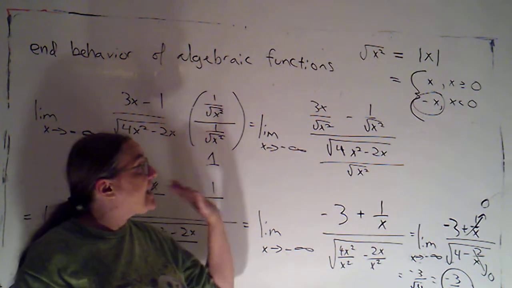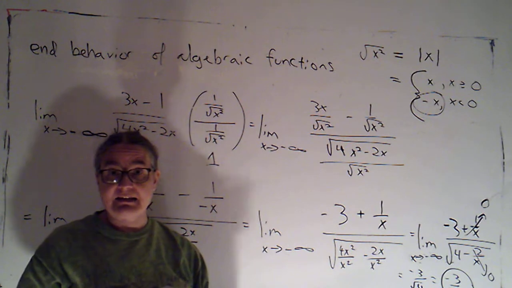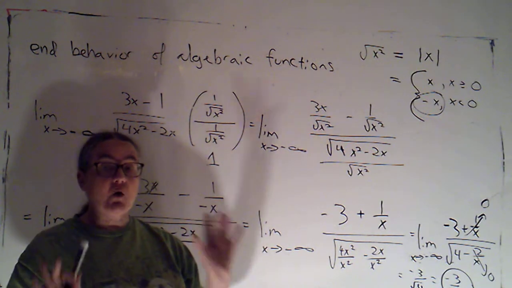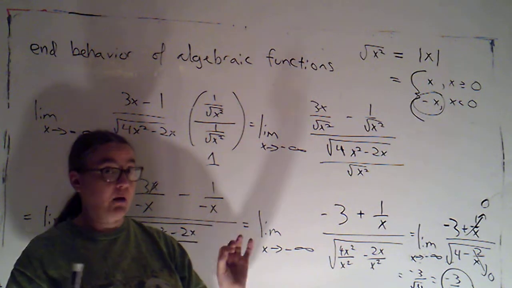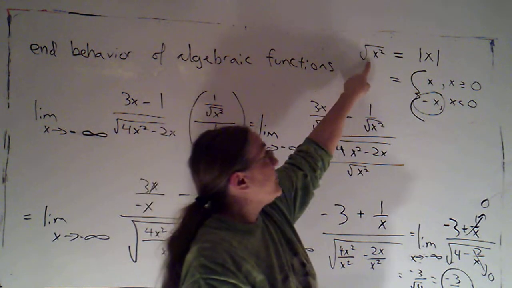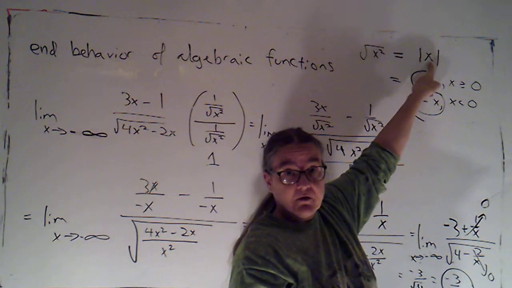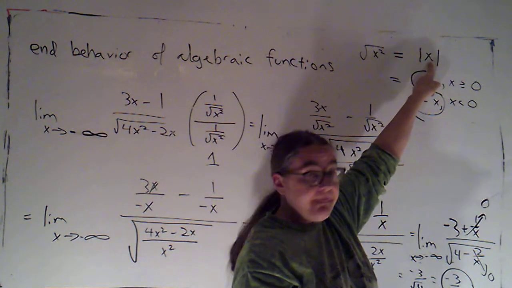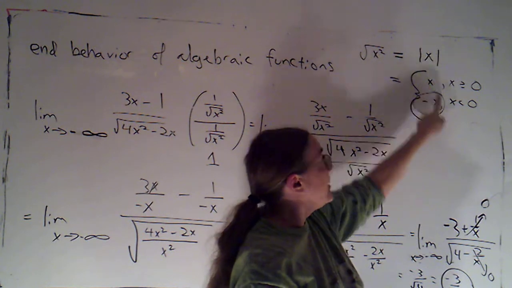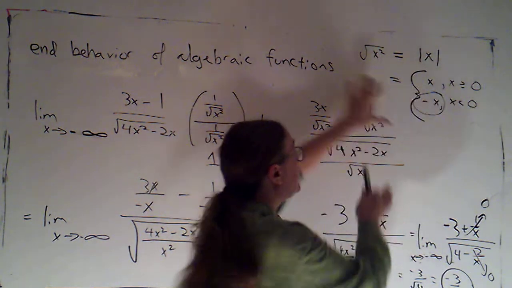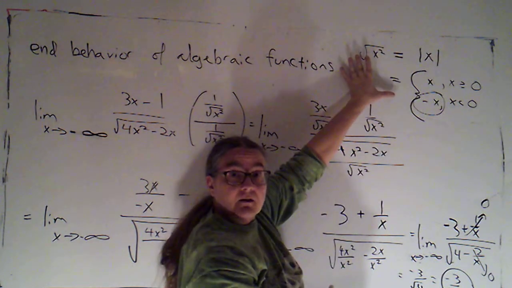Now, as you're evaluating these things, I want to see that work justified. So I need to see somewhere that the square root of x squared becomes the absolute value of x, and then that becomes either x or the opposite of x, depending on the sign of x. You can do what I've done here and write that off to the side.